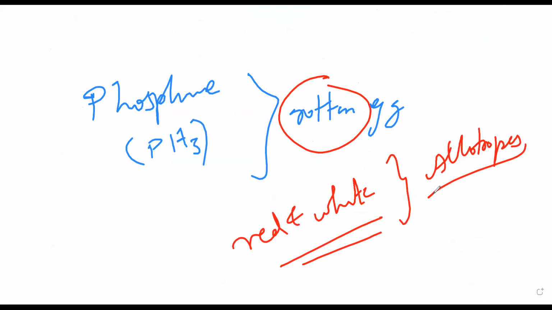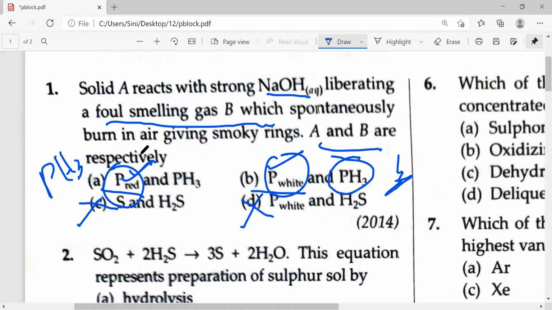First thing, these are allotropes of phosphorus. But if you want to know the difference, white phosphorus is poisonous. This is the compound which reacts with strong NaOH. Yes, it's not the red. Both are P4 anyway.